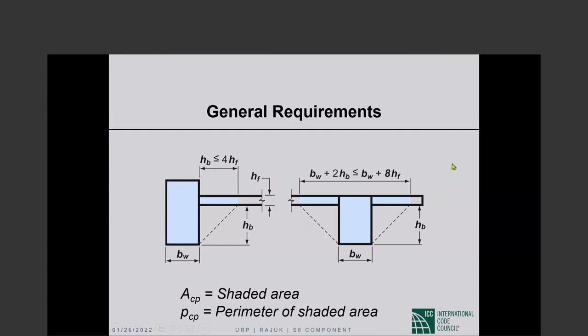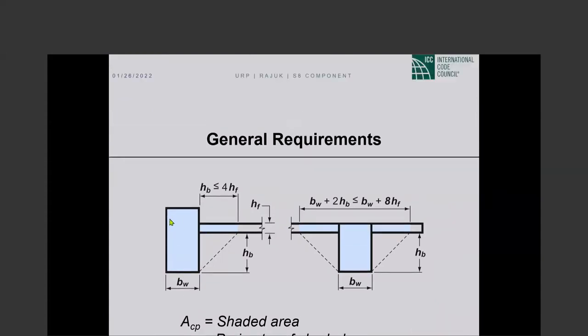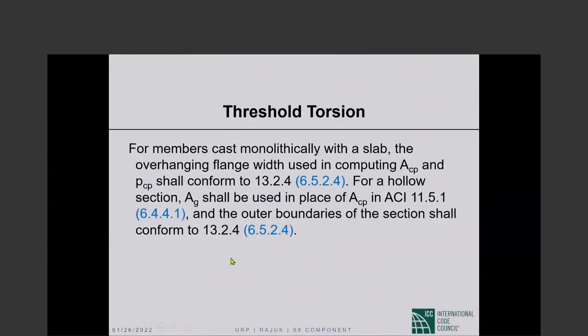This is as in two-way slab design. We include a portion of the slab in the torsional member. Maybe we should read: for members cast monolithically with a slab, the overhanging flange width used in computing A sub cp and P sub cp shall conform to whatever we did in the two-way slab chapter.